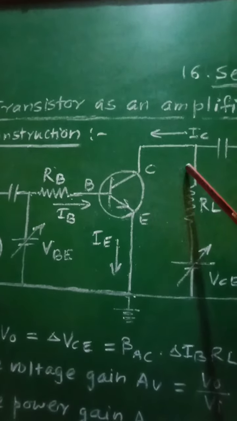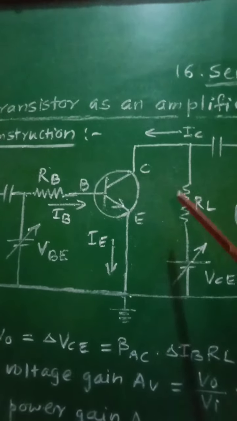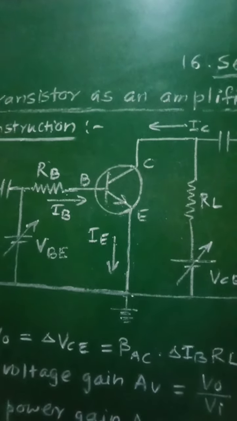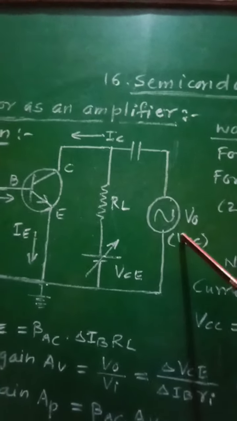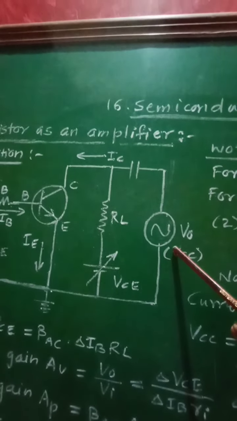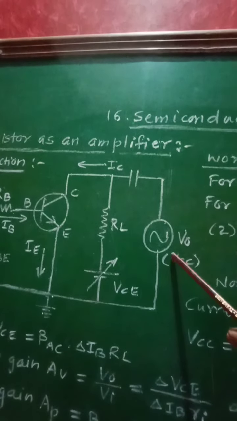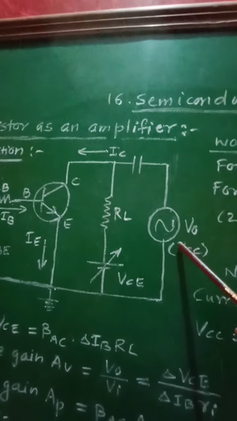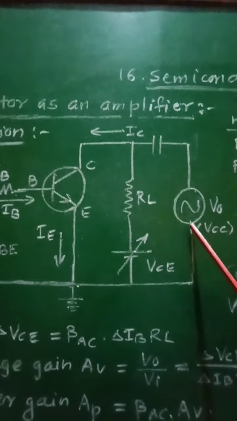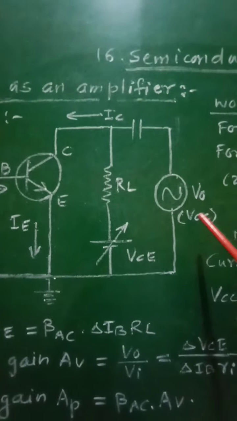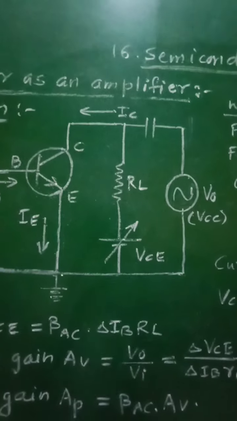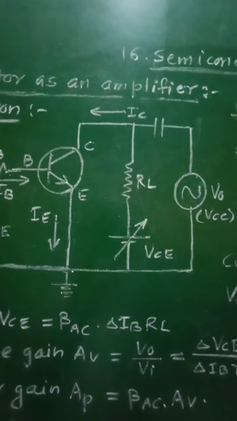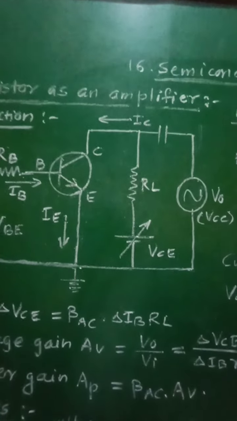Now this variation in the base current and the collector current will cause the output voltage, Vo, to also vary sinusoidally. Then the capacitors are used to block the DC components.